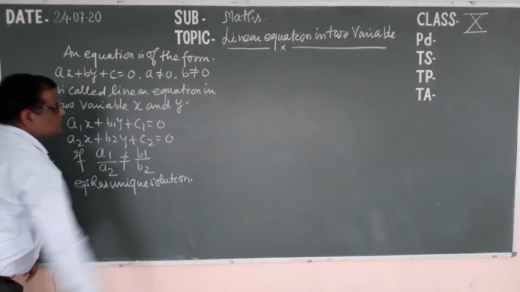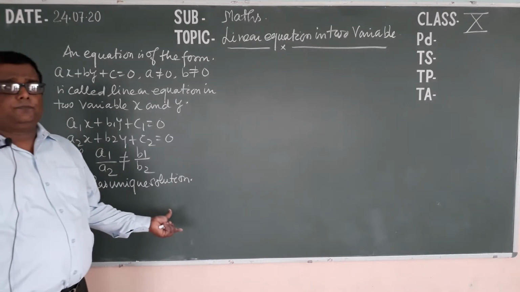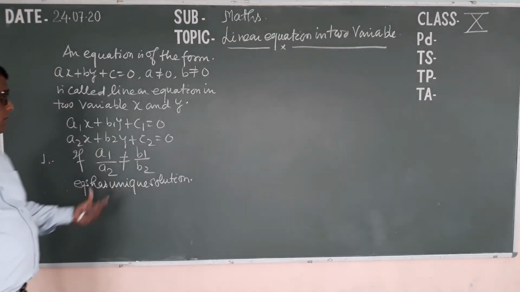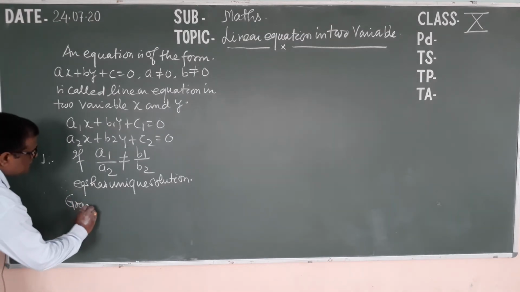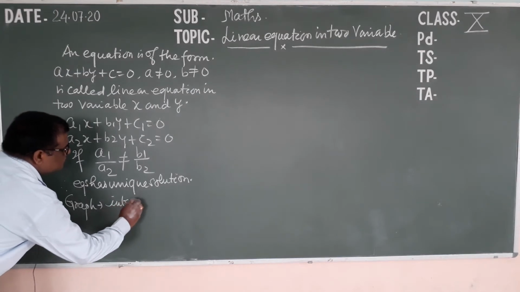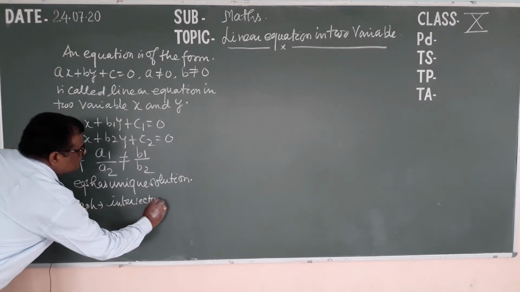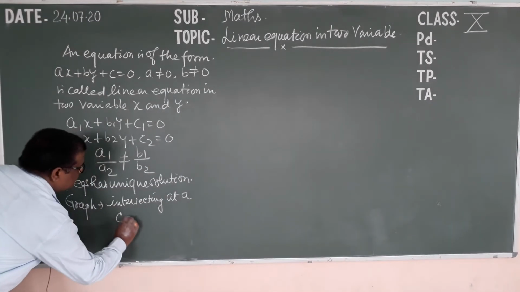In many books it is also given that it is consistent. And the graph of this is two lines intersecting at a common point.